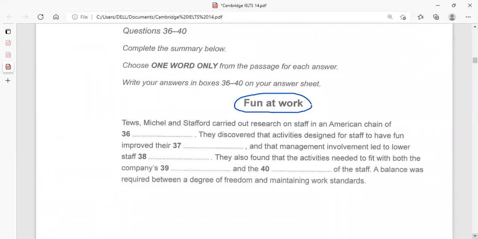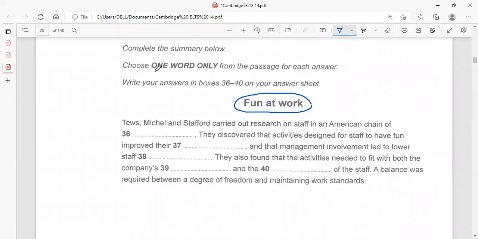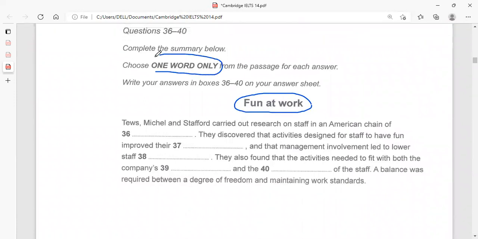Now see, in these types of questions, the first thing that you have to focus upon is the instruction: one word only. It could be one word and/or a number, it could be two words and/or a number, it could be three words, which means that they are giving you a specific instruction and you basically have to abide by it. So whatever word you're picking up from that portion has to be one word.